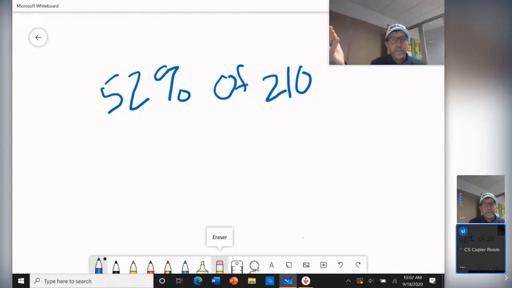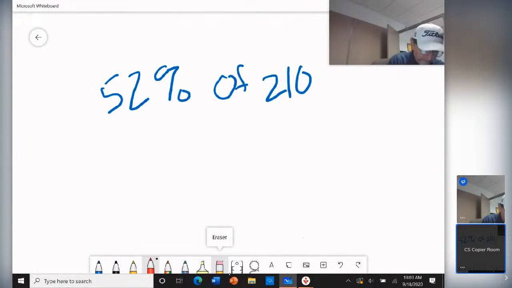So before you do this, you're going to be like, well, my answer should be somewhere between 100 and 110, because I know half of 210 is 105. 52% is a little bit bigger, but we know it's going to be right around 105 or so.